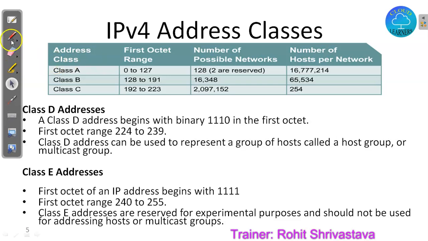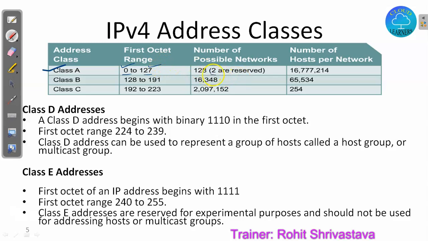Class A ranges from 0 to 127, which means we have 128 possible networks, but 0 and 127 are reserved.